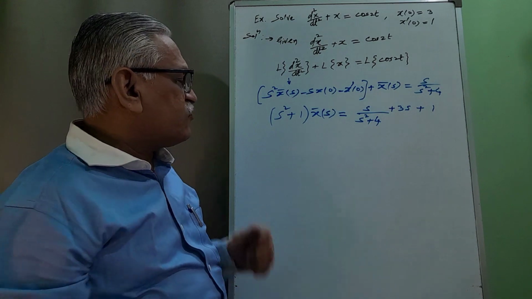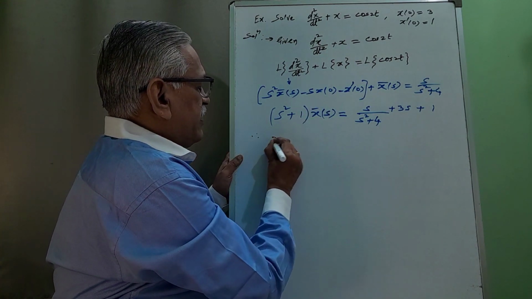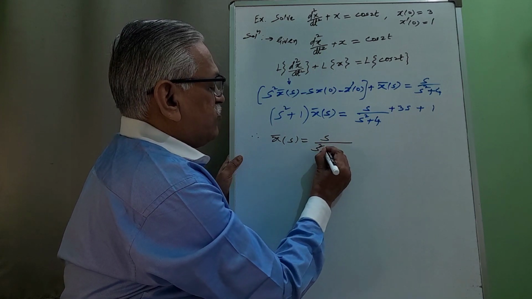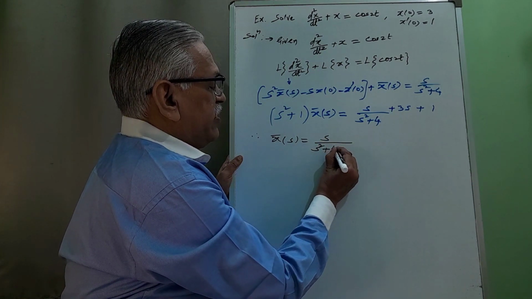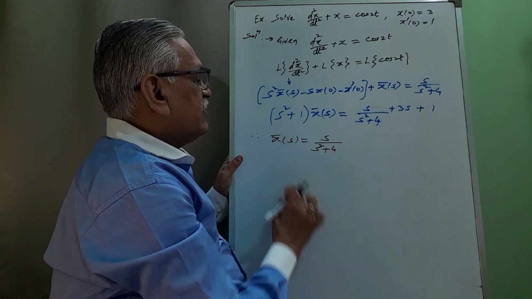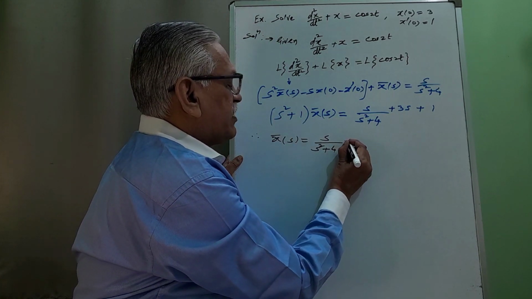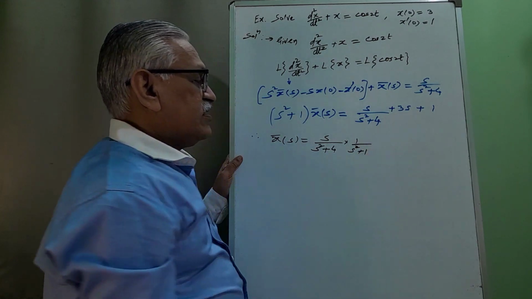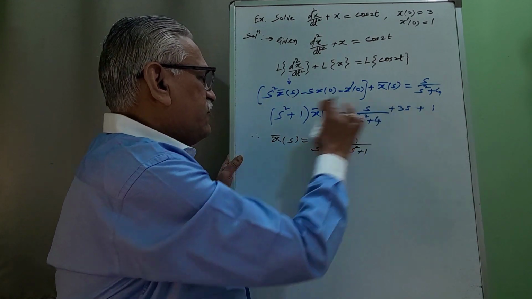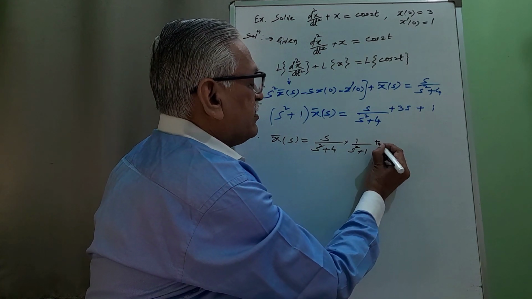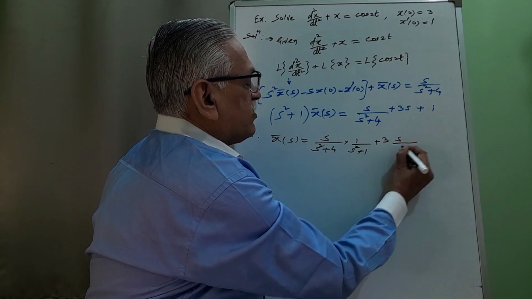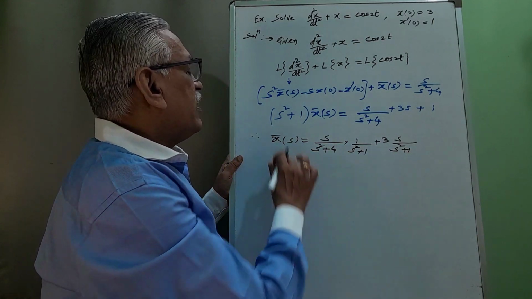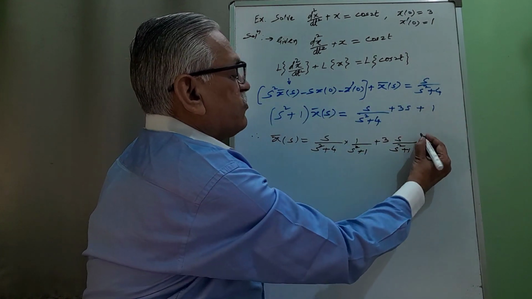Then dividing by s square plus 1, we get x bar of s equals s upon s square plus 4 divided by s square plus 1, it becomes 1 upon s square plus 1, then 3s divided by s square plus 1, we get 3 times s upon s square plus 1, and 1 upon s square plus 1.